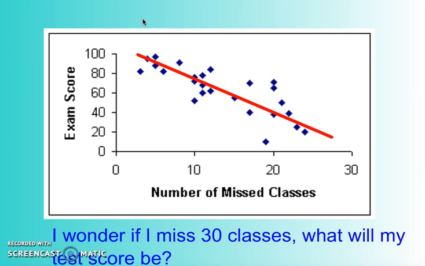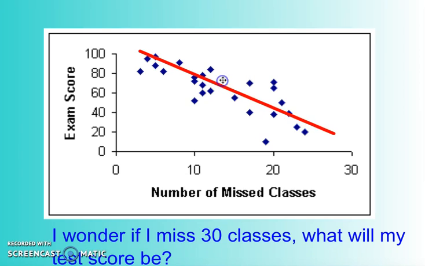The points are pretty close to each other, but not super close, but they're pretty close. So as the number of classes increases, it looks like exam scores decrease. So if you miss too many classes, your scores are probably going to decrease. Okay, and that's what this scatter plot is showing us.